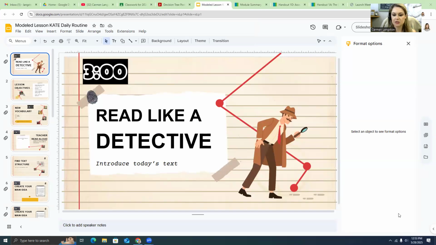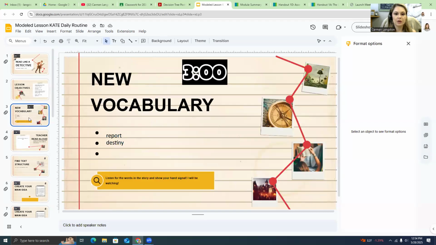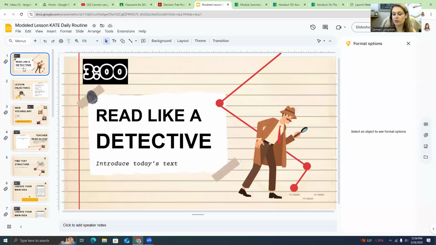Let me do a stop share just to make sure I am on the right page, because sometimes it doesn't switch. As you can see on these slides, I've made a copy of it, and there are timers on there that are from YouTube. In order to keep yourself within the time frame, you can click on those, and that will help you make sure that your ELA timing is down so you have enough time for everything.